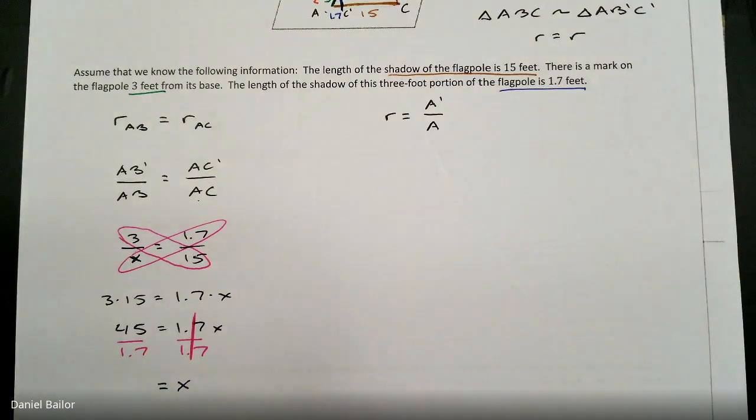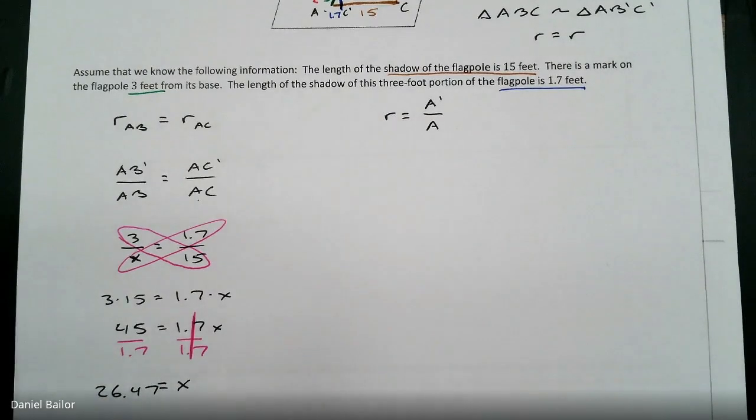So we get 26.47. That's how long the flagpole is. Because we compare the ratio of the shadows to the ratio of the flagpole, we can find out that the flagpole is 26.47 feet long.